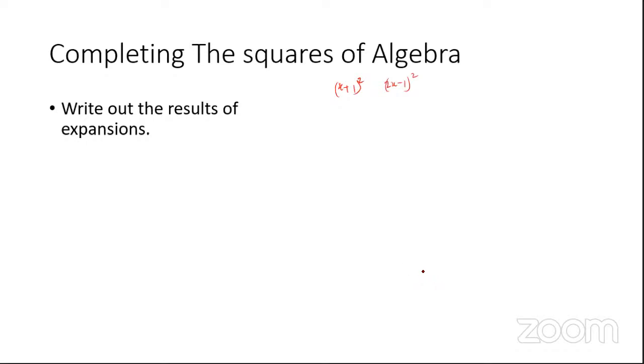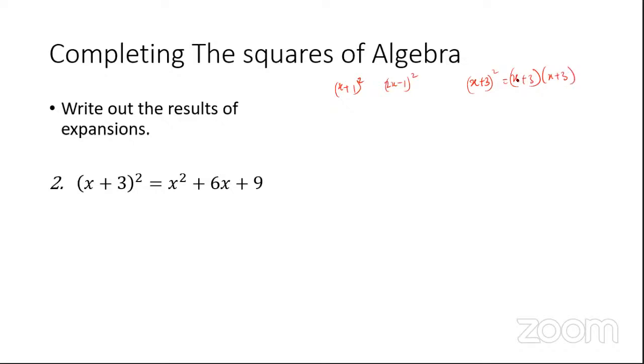So let's see the results. We want to observe how perfect squares behave in algebra. So look at this: x plus 3 squared. When you want to expand this, let me just remind us. x plus 3 squared means x plus 3 multiplied by x plus 3.